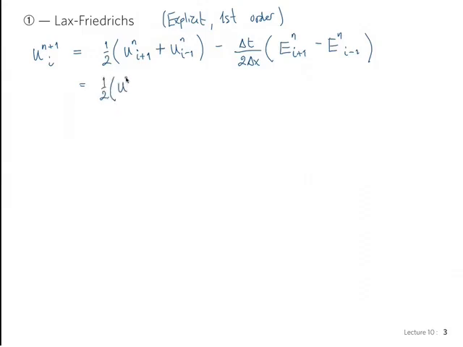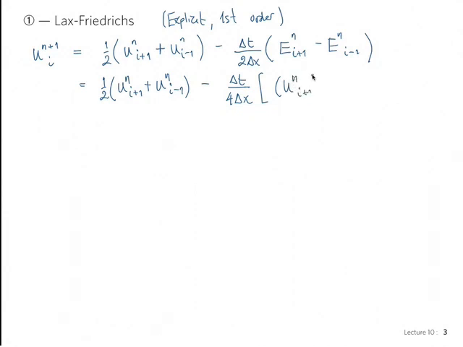So this term, again, we just write explicitly here delta t over 4 delta x, and we put explicitly what the flux term is for these two. Let me use a square parenthesis here since I'm going to use a curled bracket here.